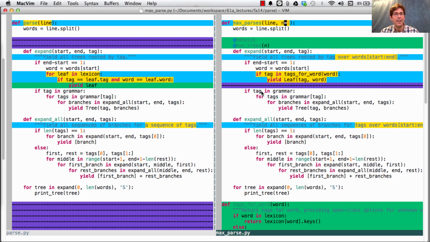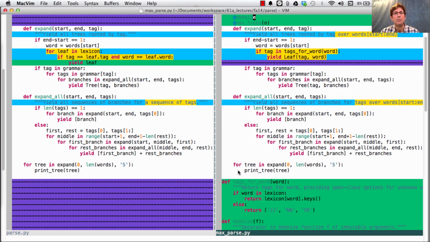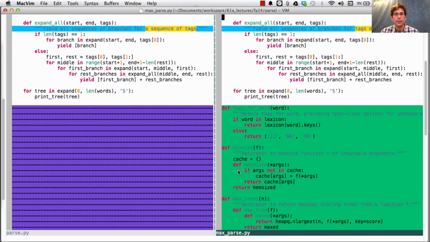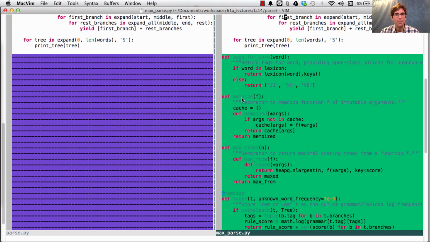This code is all the same. There's a slightly more efficient version of enumerating the different leaves. Some of the comments have changed, but basically the program is exactly what we already wrote. We also use memoization, and we compute the max trees, which are the maximum from some complete set, where we keep the n largest according to some score.